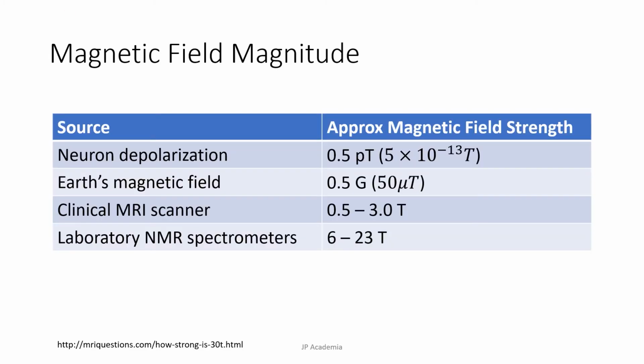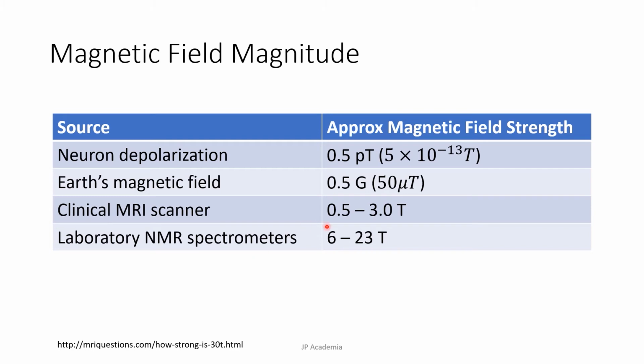Now, if we are going to compare the magnetic field magnitude of a clinical MRI machine with the Earth's magnetic field, which is about 0.5 Gauss, a 3 Tesla MRI, let's say, is around 60,000 times stronger than the Earth's magnetic field. While we have here other sources, such as neuron depolarization, with an approximate magnetic field of 0.5 picotesla.